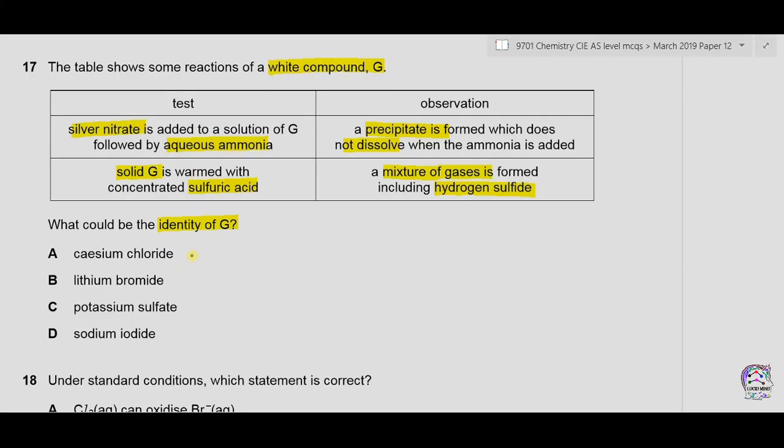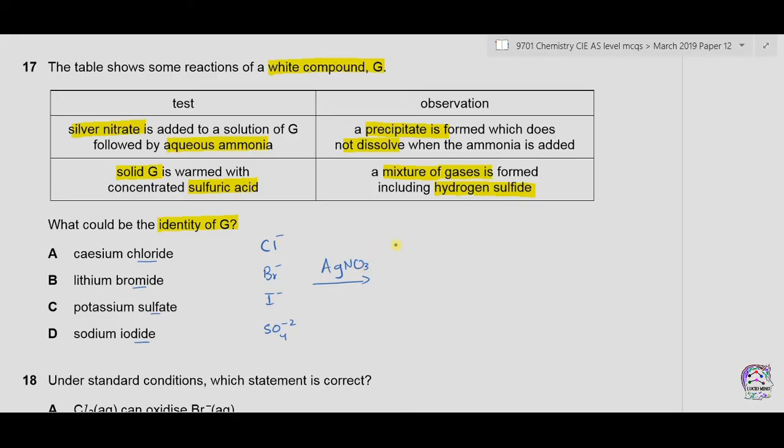First, let's look at the reactions of anions. We have chloride, bromide, sulfate and iodide. So we can write chloride, bromide, iodide and sulfate. For the first test, silver nitrate is added.